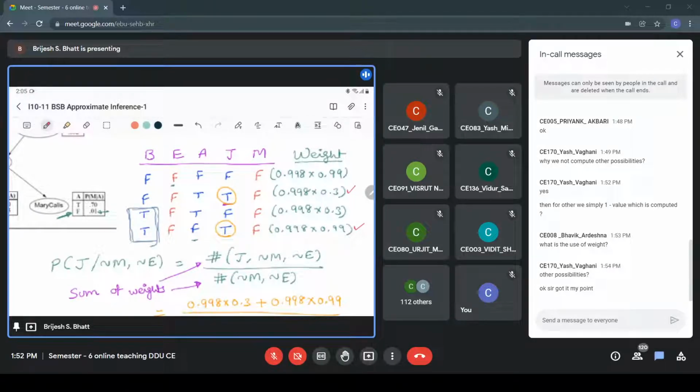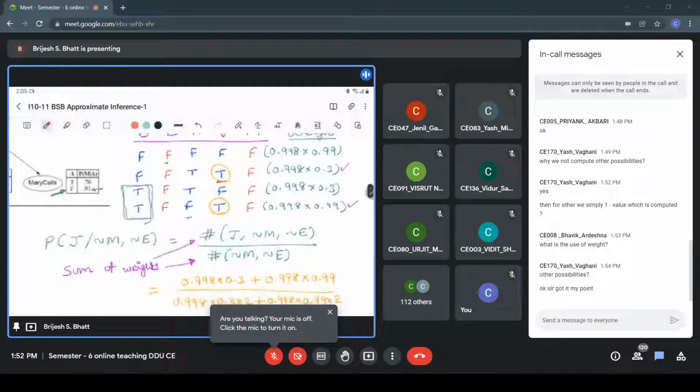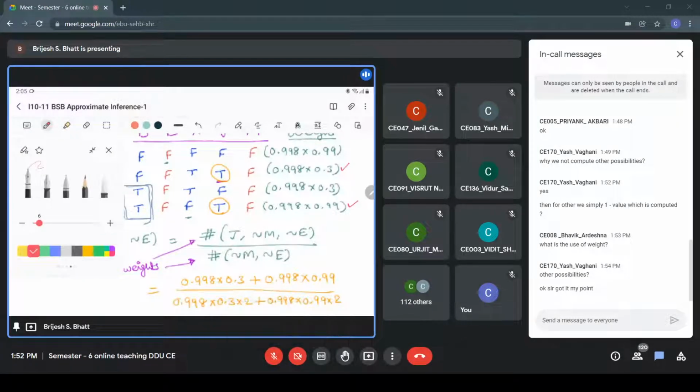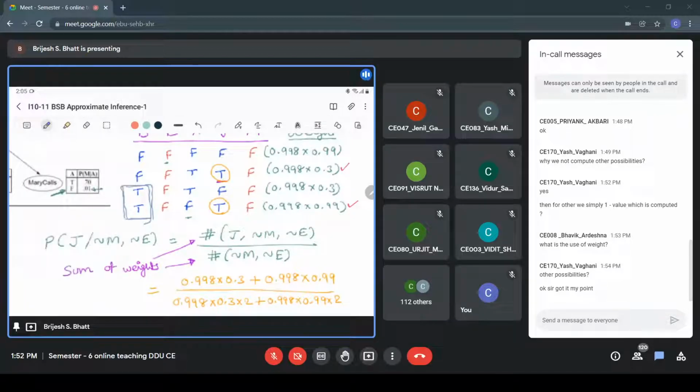So 0.99 into 3 plus 0.998 into 0.99, divided by the number of times not M and not E were together in your sample. Not M and not E were together in all 4 of the samples. If you have done more sampling, then more numbers, but it is the sum of all weights. So the denominator will be the sum of all weight values.